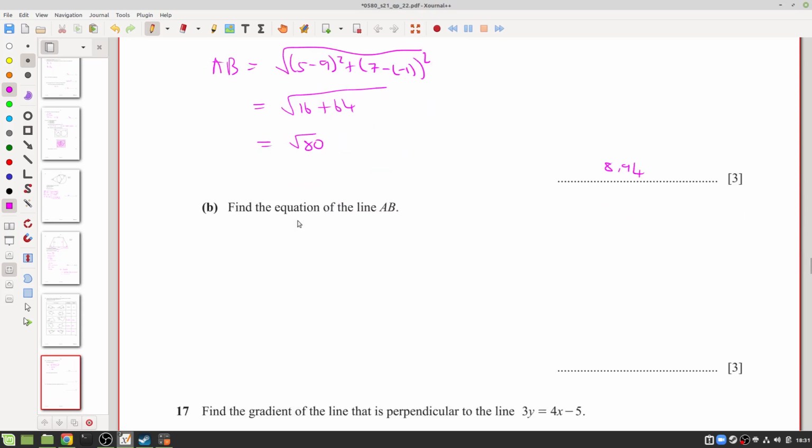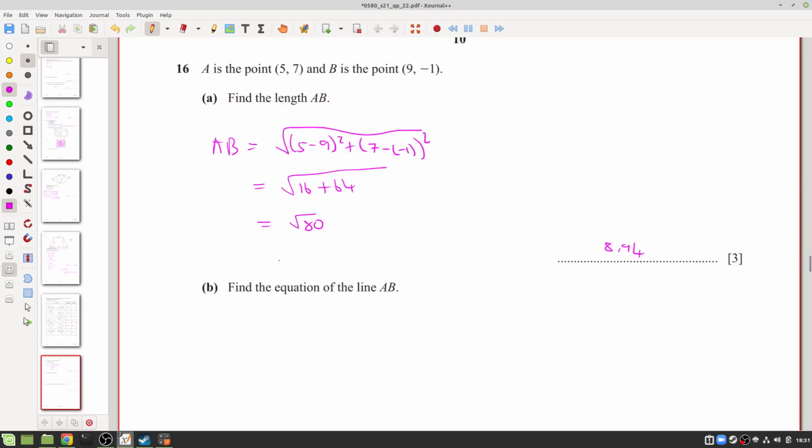Find the equation of the line AB. Okay, so we know it's going to be y equals mx plus c. To find the m value, the gradient, we can say that's the change in the y values divided by the change in the x values. So that is going to give us 8 over -4, which is -2.